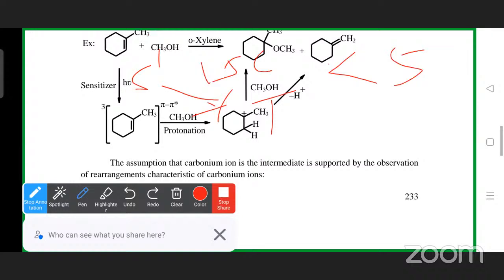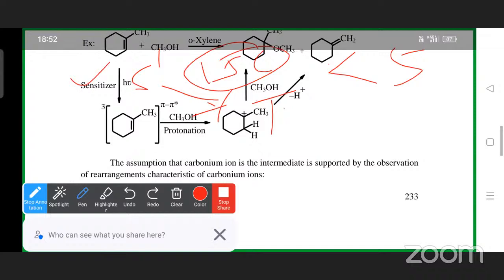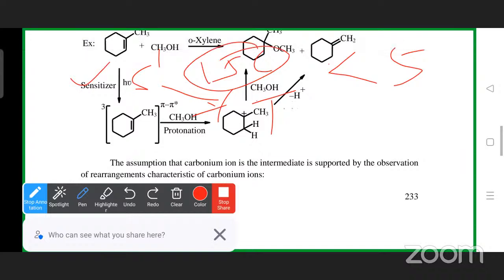Then upon sensitization, the triplet energy transfer takes place. This ISC is transferred to this molecule here.